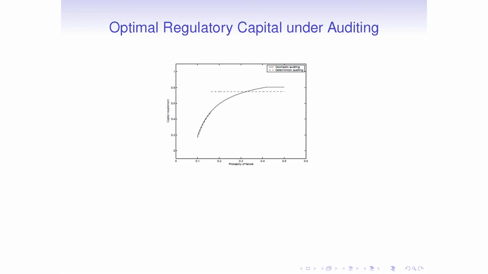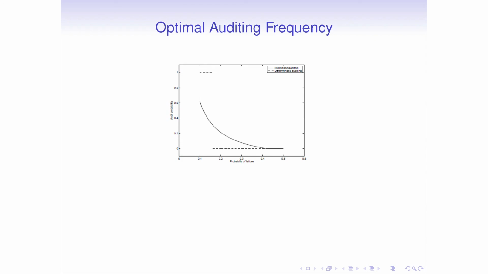This is really a Townsend costly state verification model, where you audit them if they report a low risk, and they get to hold less capital because you check them. But if they report higher risk, it's not worth spending the auditing resources, and they hold a constant amount. That comes out of the incentive constraint. And if you bring in stochastic auditing, you can get more flexibility in your capital levels. And this would be the auditing frequencies, depending on your model.